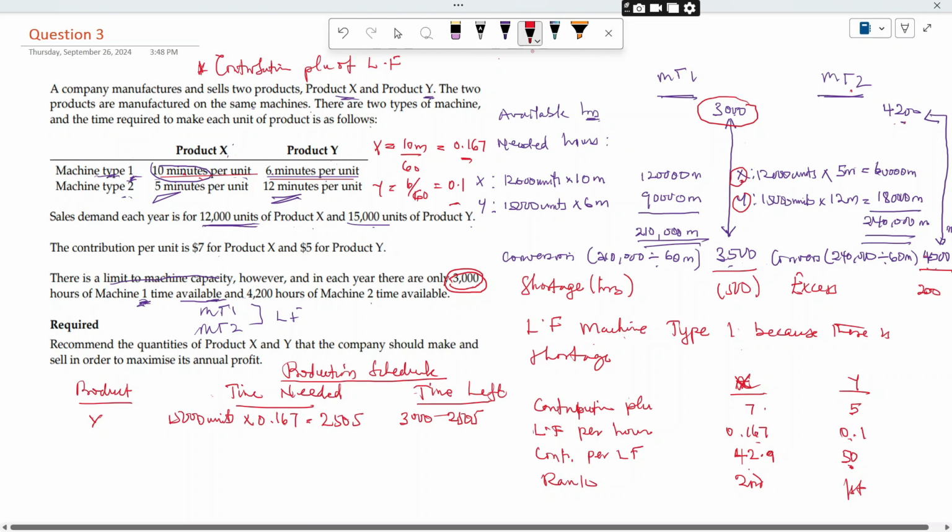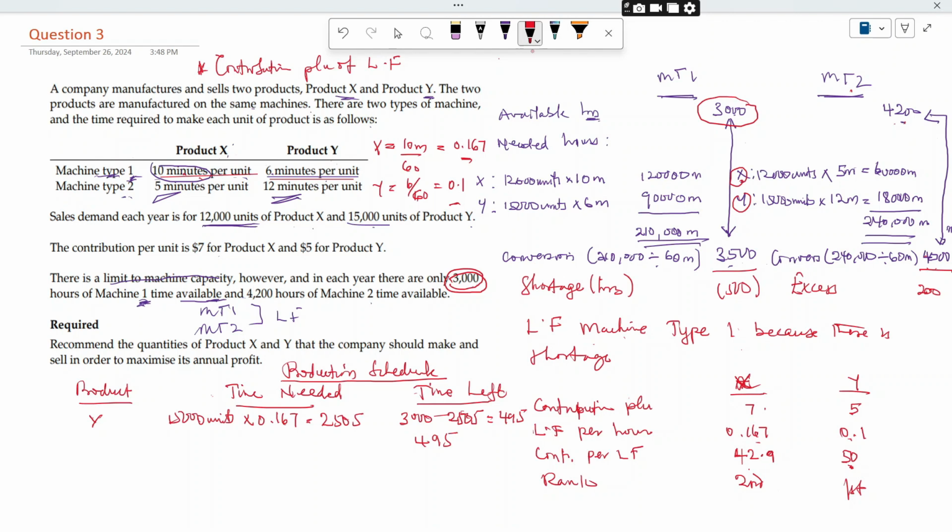So here we are going to get 495. Great. Now this 495 is what we are going to use in producing the rest of product X. On machine type 1, there's only available hours of 495.